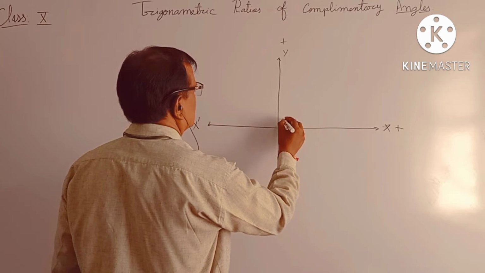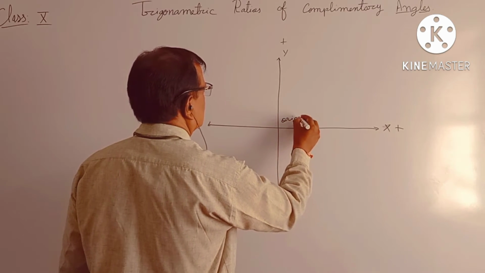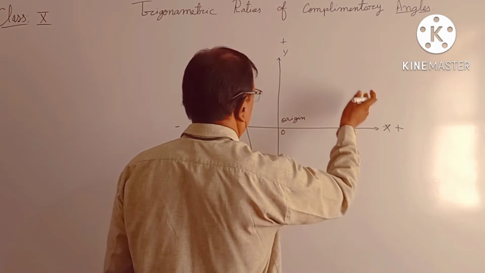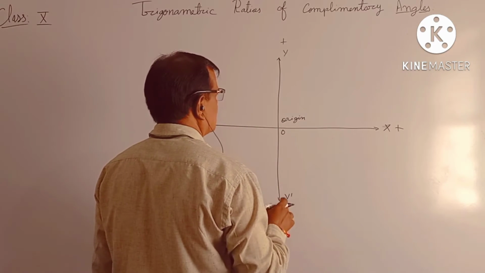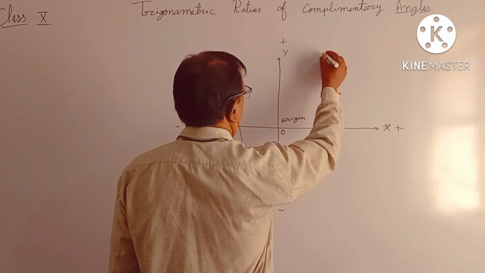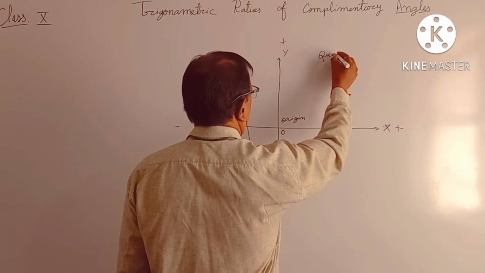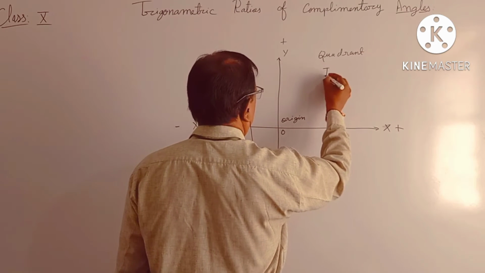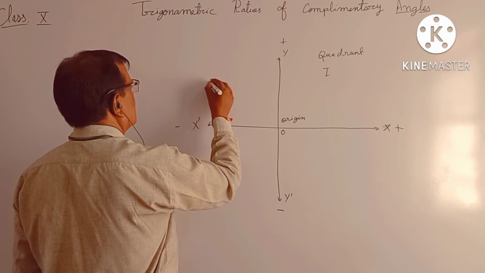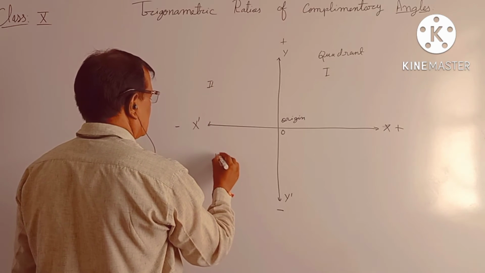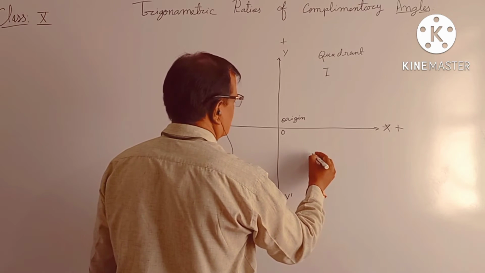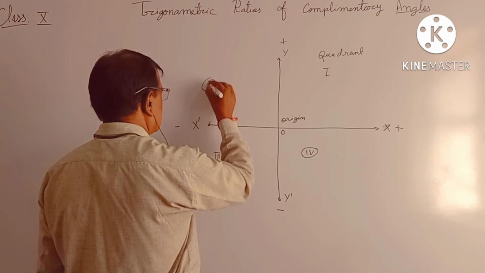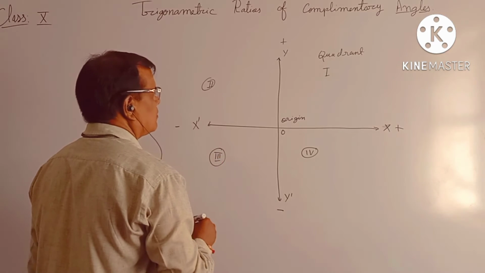It is the origin, it is O. Now we have divided the plane into 4 parts and each part is called a quadrant. It is the first quadrant, second quadrant, third quadrant and fourth one. The serial of quadrants never changes. It always remains the same.